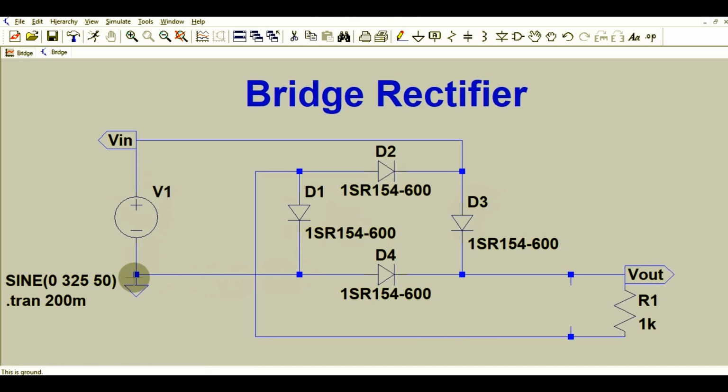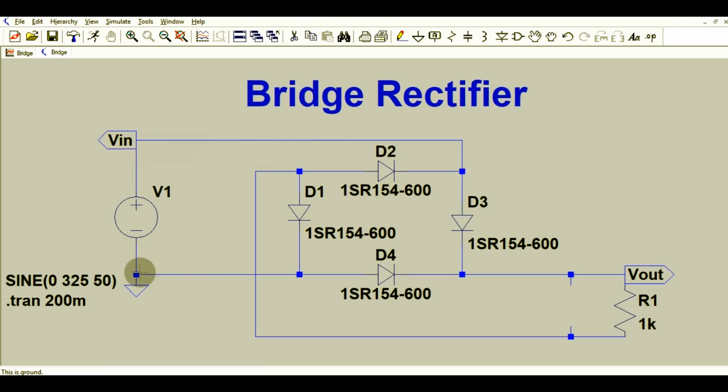Okay, for the negative half cycle, from here diode D4 conducts, then it goes to the resistance R1, then it goes here, from here to here it goes to diode D2, and then it completes the path from here.